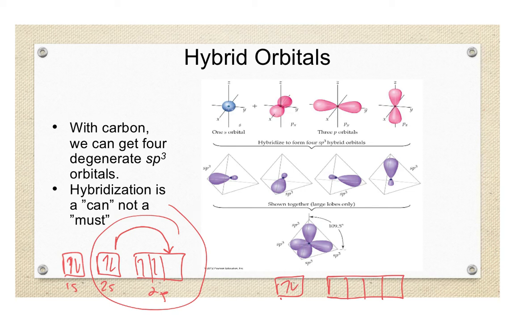Which is made of an s and 3 p orbitals. And so we end up with 4 orbitals that all have the same energy that are sp3.